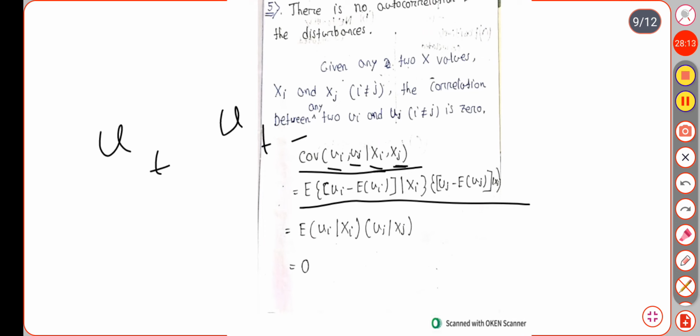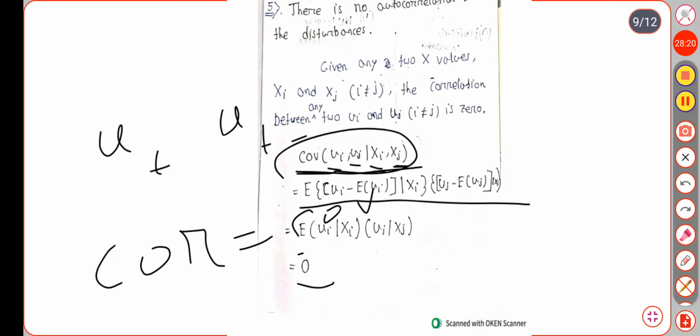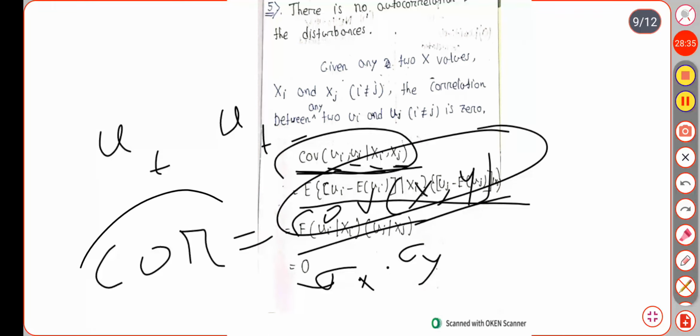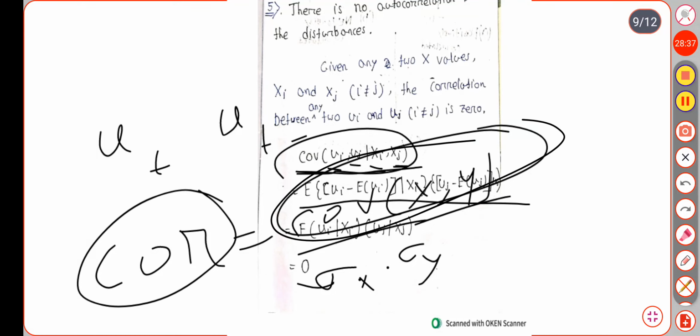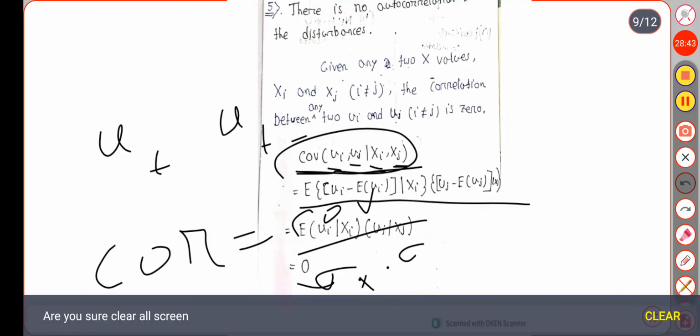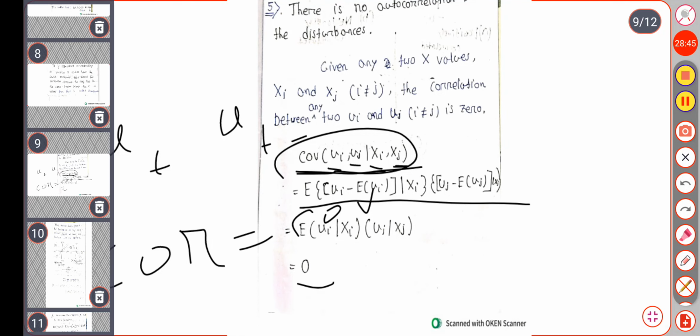If correlation is 0, that means covariance will always be 0, because the formula of correlation is nothing but covariance of x and y divided by sigma of x into sigma of y. So if this part is 0, then correlation has to be 0. That's why we explain it by this part, the part of covariance. I hope this is clear.